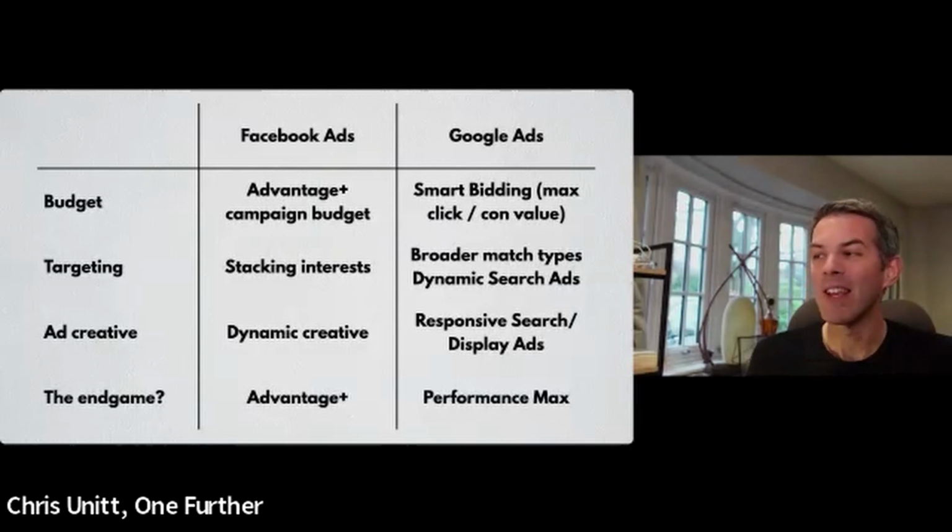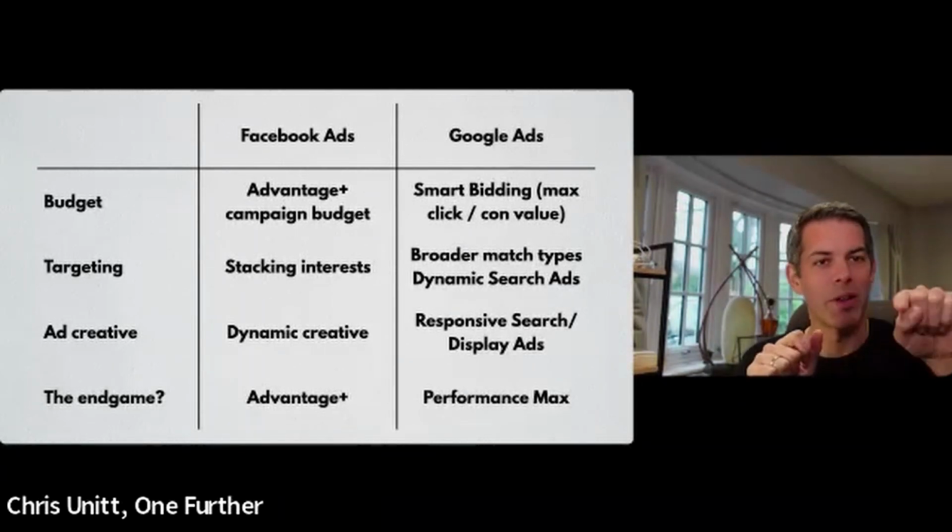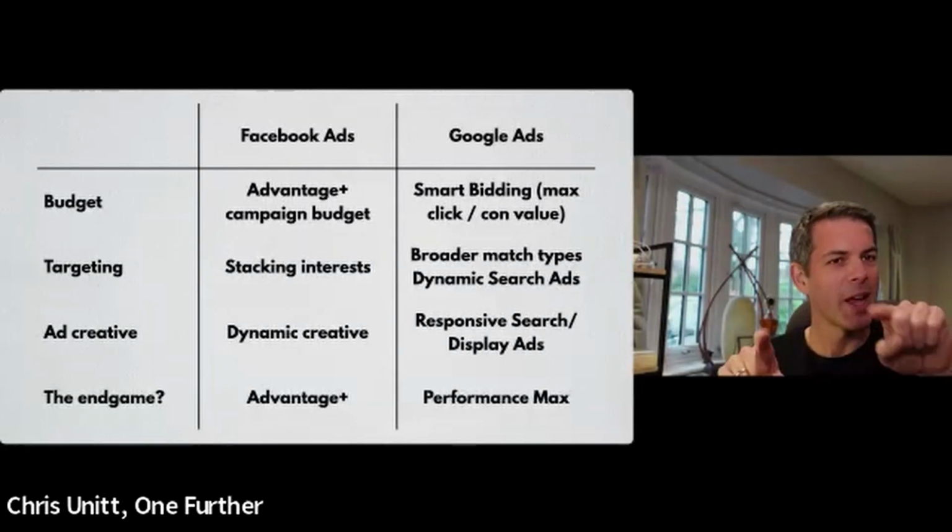But what I was fascinated by was Facebook had managed to find some relevant audiences. And if you looked at where those ads were being targeted, it was mostly within the organization's catchment area.